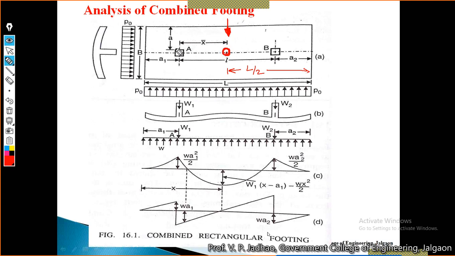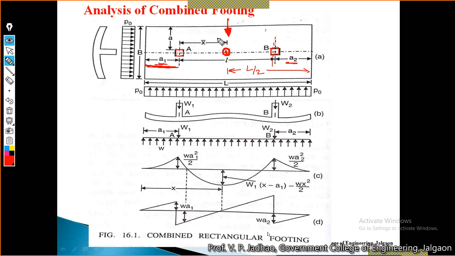So we will be positioning column A and column B in such a manner that the CG of the load coincides with the CG of the footing. We'll have two portions or extensions beyond the columns. On the left side we'll consider the extension as A1, and the extension of the footing beyond column B we'll consider as A2.